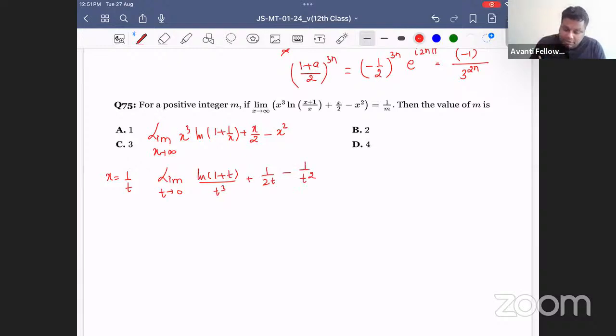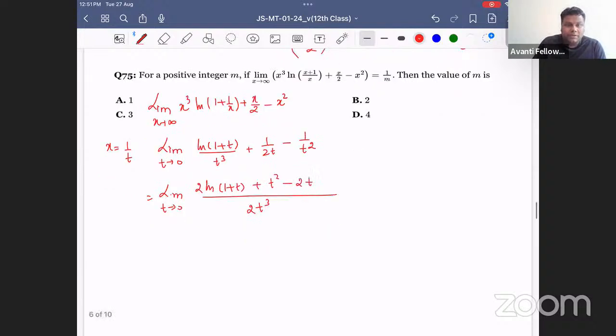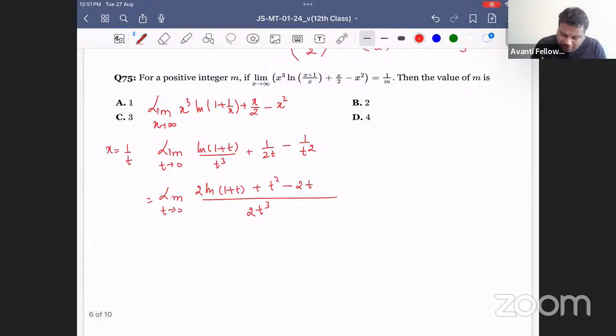Got it? If you take LCM, it will be limit t approaches 0, LCM will be 2t cube. So 2 times ln 1 plus t minus t plus t square minus 2t. Now see, even L'Hospital is a better way to approach. Limit t approaches 0. Derivative of the numerator is 2 upon 1 plus t plus 2t minus 2, upon 6t square.